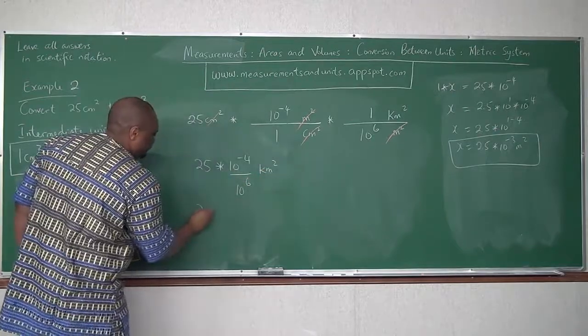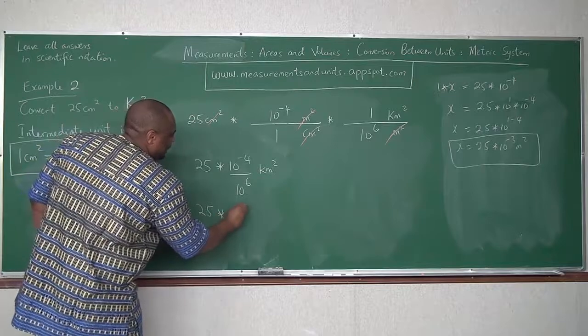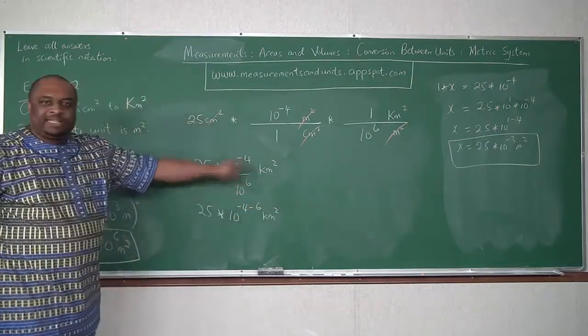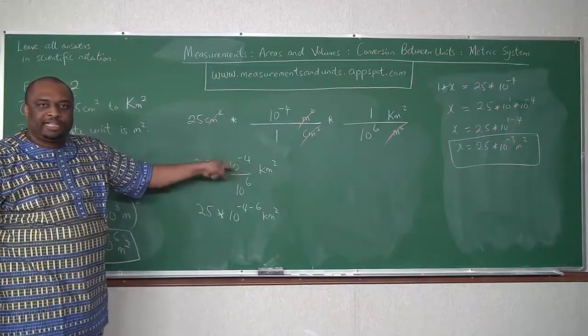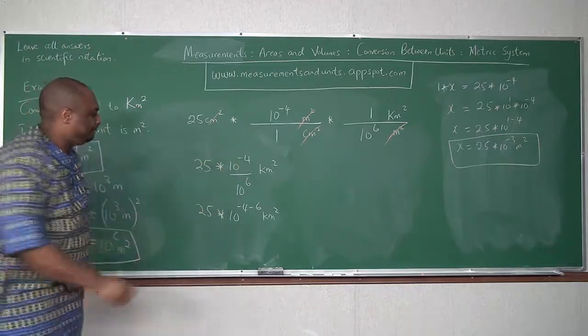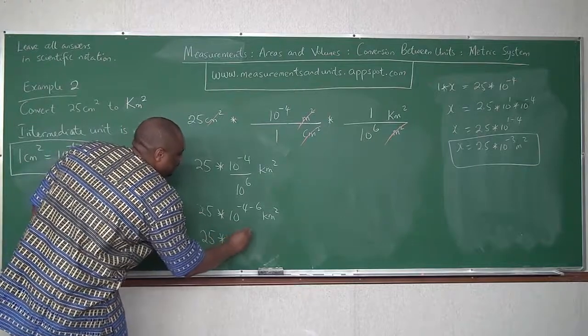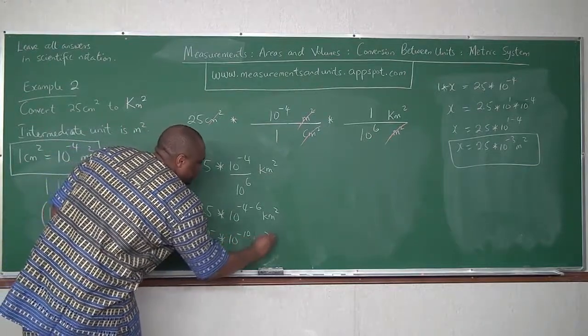So this will be 25 times 10 to negative 4 minus 6 kilometers squared. Law of exponents. So this is 25 times 10 to minus 10 kilometers squared.